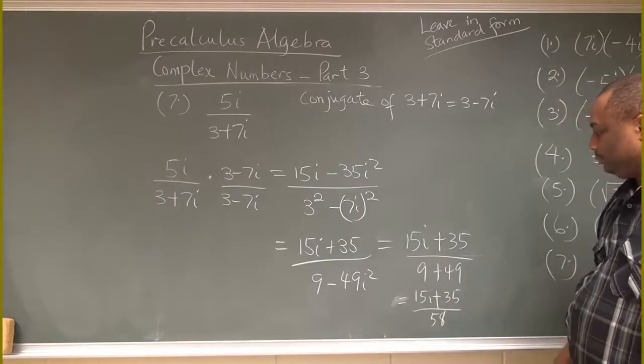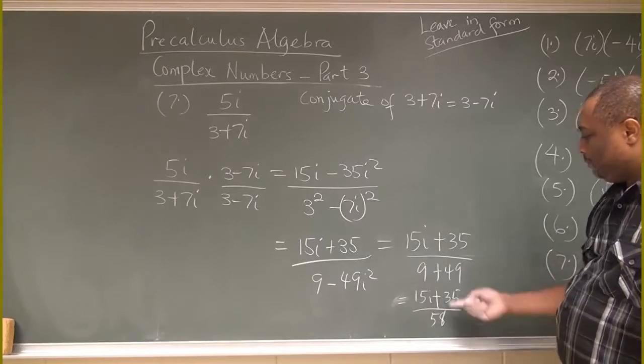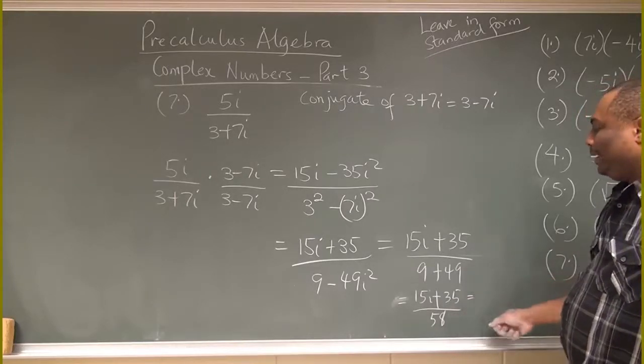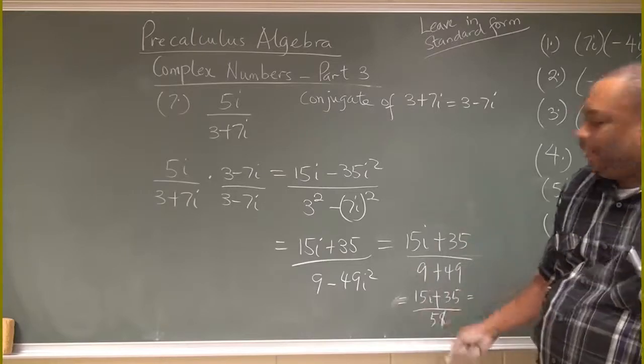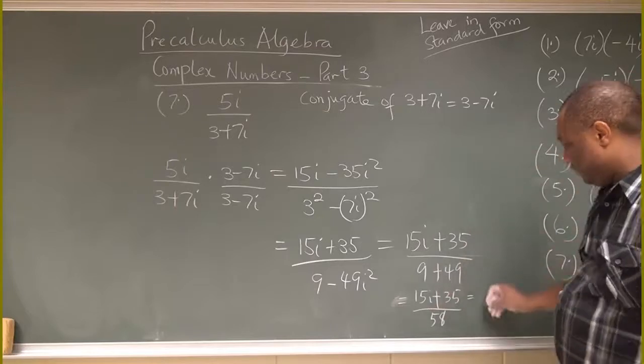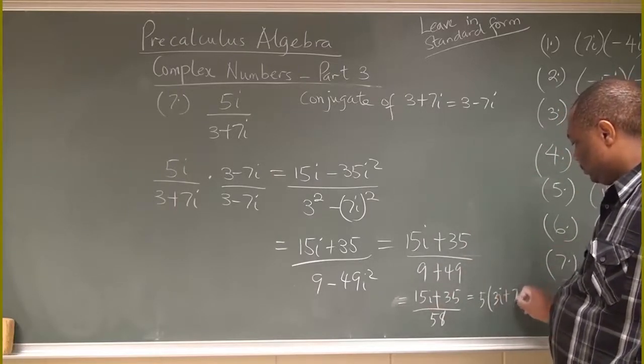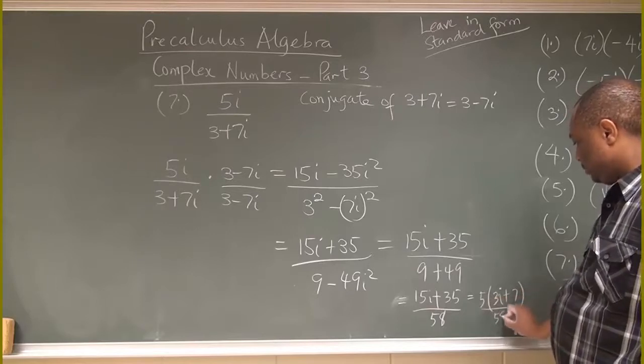See that? Now we can simplify this more. We can factor it out. If you leave your answer like this, it's not bad, but you can still factor this out. What is common there is 5. 5 into 3i plus 7 all over 58.